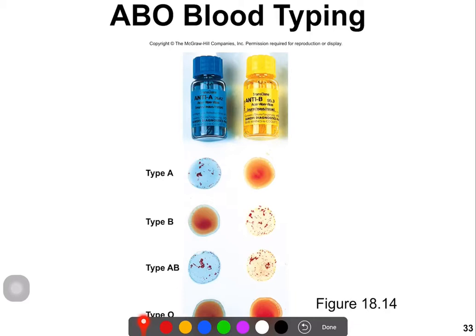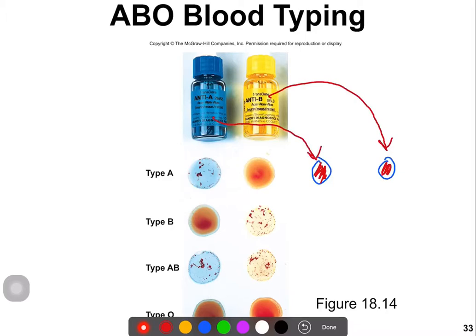And then you have serums that contain antibodies against the A antigen and antibodies against the type B. So I'd have the two containers full of blood, I put a couple drops of blood in each of the containers. Then, in one container, I add these antibodies. In this one, I add those antibodies.